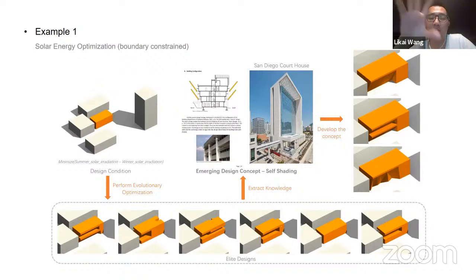This example is based on the city I live in, Nanjing, which has a very hot summer and a cold winter. So with this objective, we can firstly reduce the cooling load in the summer, and also reduce the heating load in the winter.